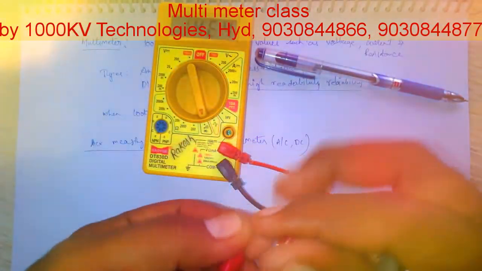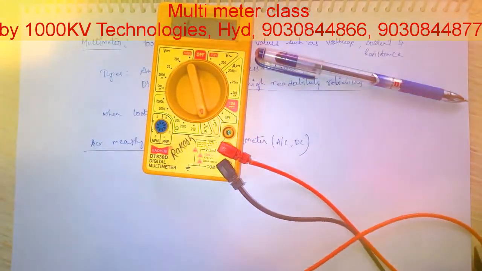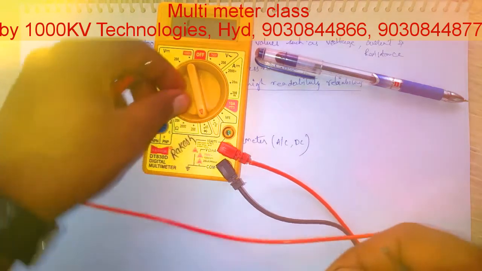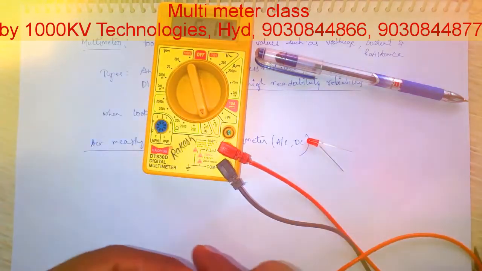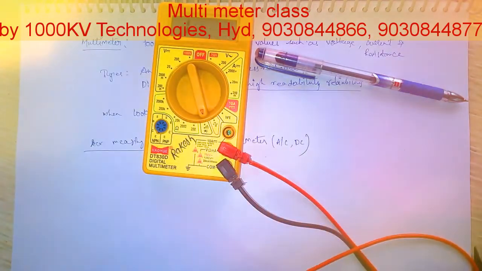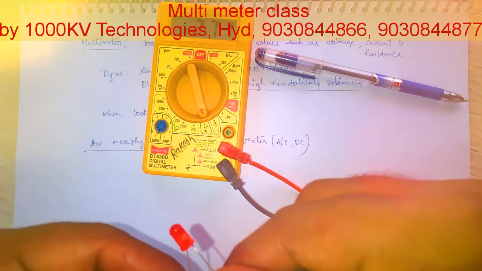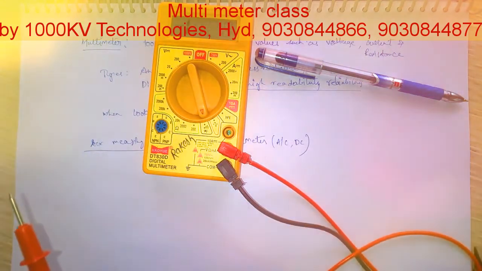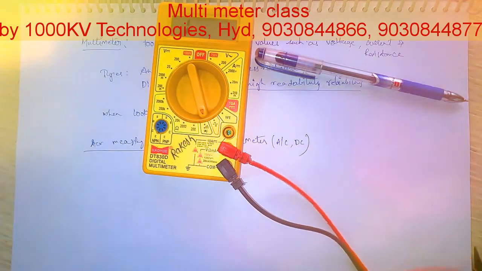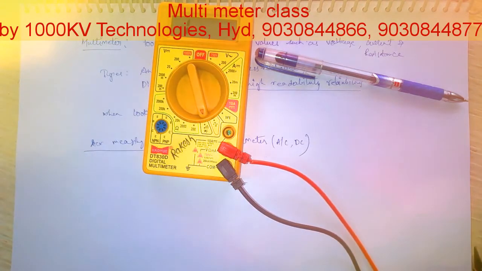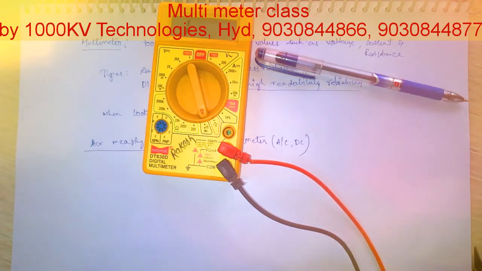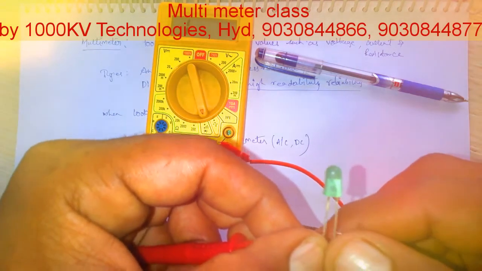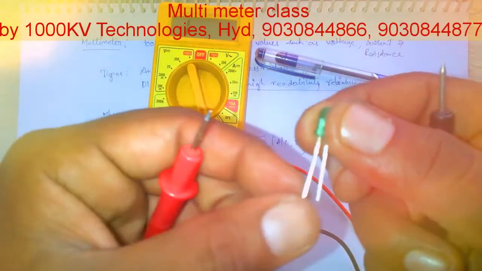See, the light should glow. This is a positive one and this is a negative one.